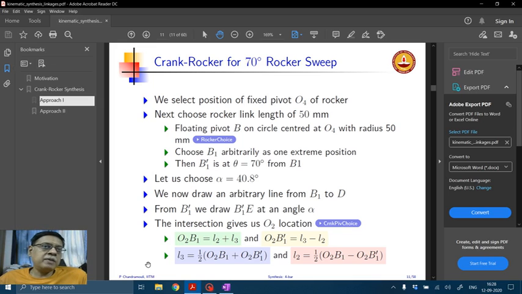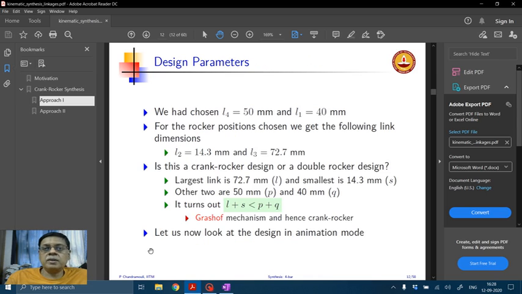So essentially I have located O2, and I also have the crank lengths that I have chosen, right? It so happens that I have chosen L4 to be 50 mm, and L1 is about 40 mm. For the rocker positions that we chose, B1 and B1 prime, if you go through the calculations, you get a 14.3 mm crank and a 72.7 mm coupler.